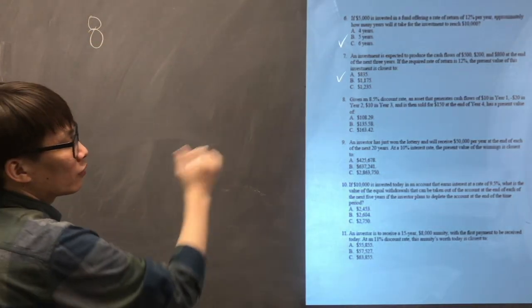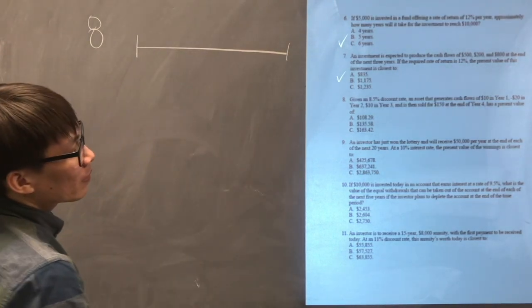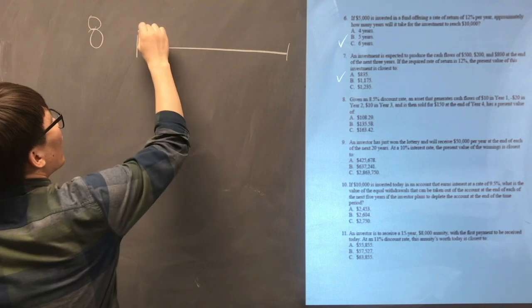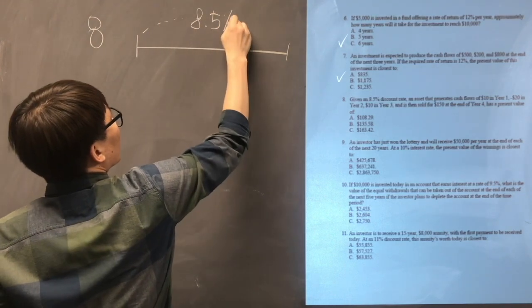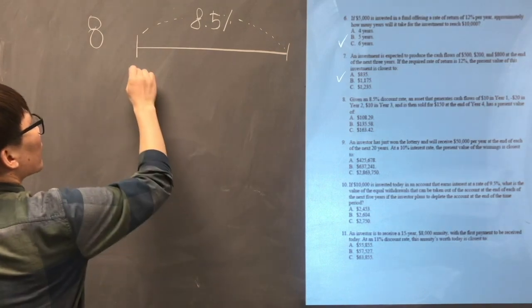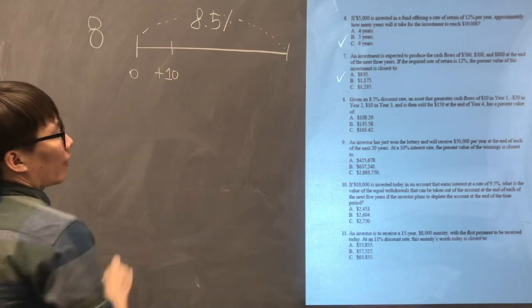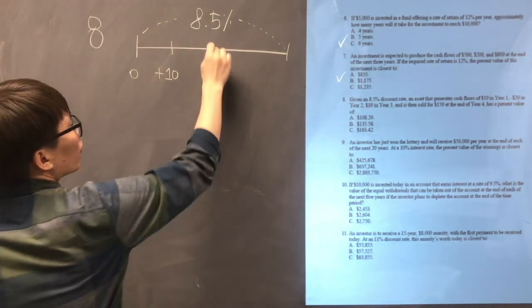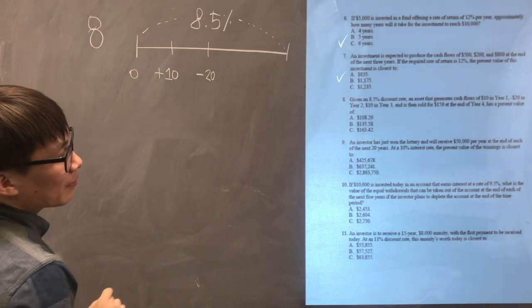Okay? So I will draw the timeline first. Timeline like this. Given an 8.5% interest rate or discount rate. So it looks like this. Year 1, they generate 10. Year 2, bad business, right?